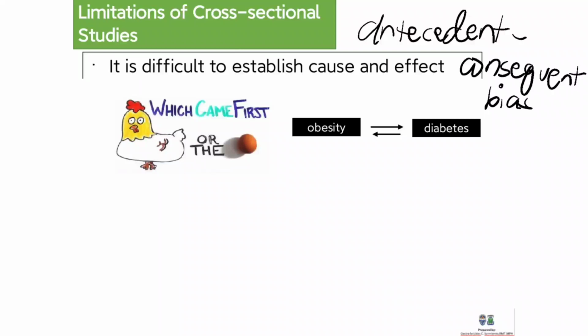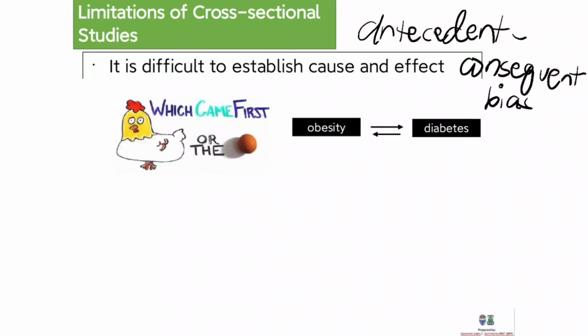So, another example dito would be the obesity and diabetes. So, ang question mo dito, pag ba obese ang isang individual, magde-develop siya ng diabetes? Or, ang lahat ba ng mga diabetic people are at risk na maging obese in the future? Diba? So, you cannot answer that since each individual sa population or sa sample group mo are unique, no?